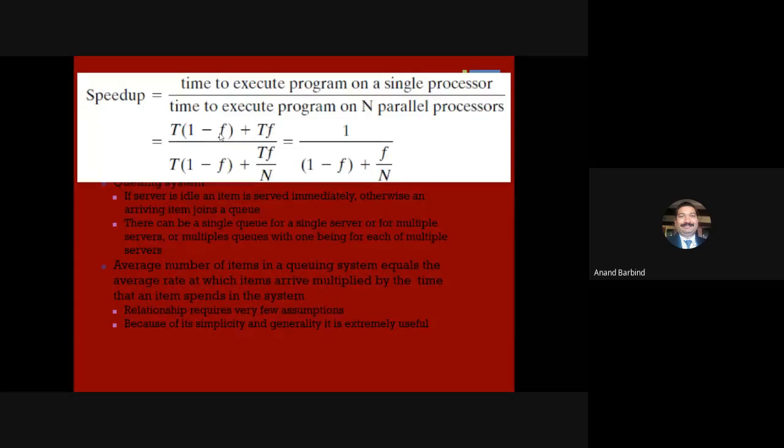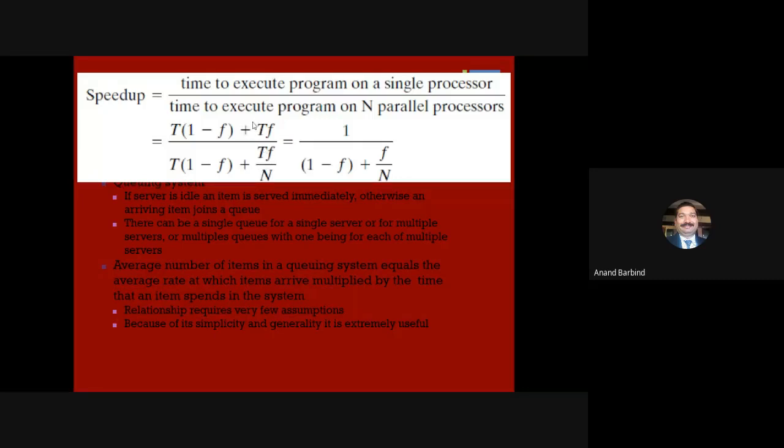F is the percentage of parallelism that you can introduce in your program, and 1 minus F is related to the seriality of the program. And it is divided by this, okay.